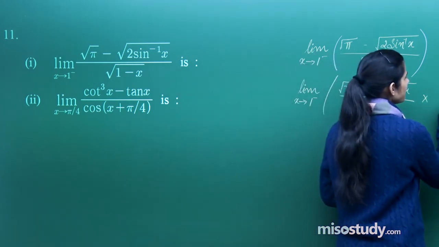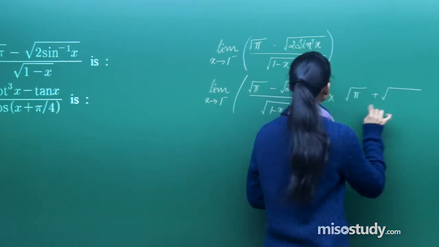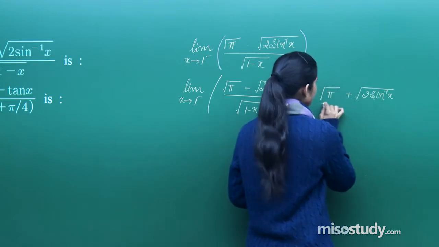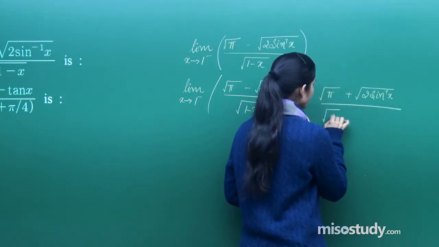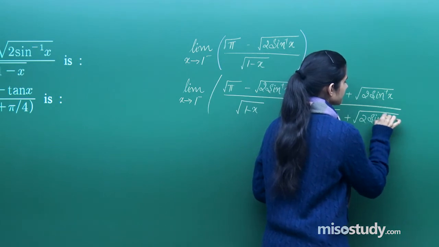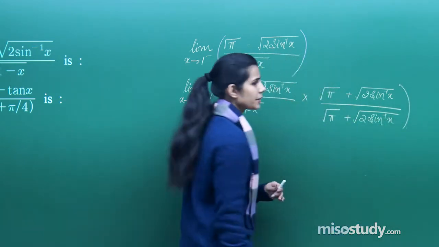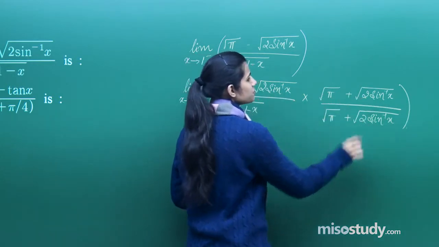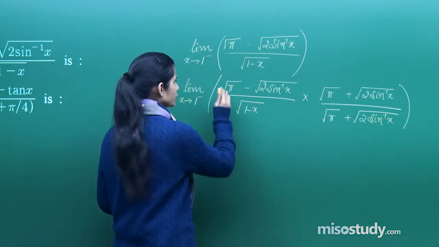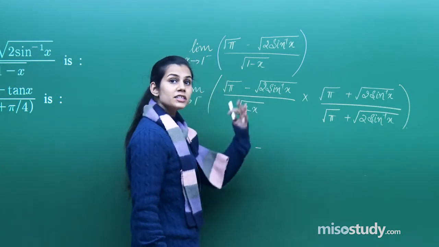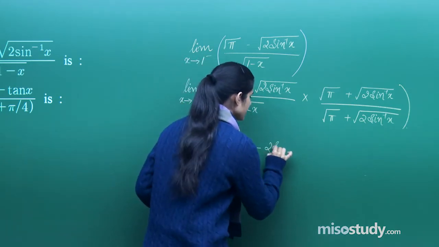You're going to multiply by root pi plus root over 2 sine inverse x and divide by root pi plus root over 2 sine inverse x. That's what we do. Now a minus b into a plus b is a square minus b square. So root pi square is pi minus root over 2 sine inverse whole square is 2 sine inverse x.